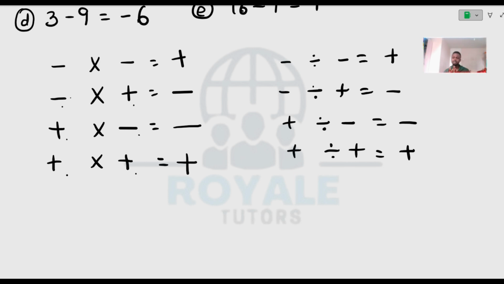If the signs are the same, then you have positive. If the signs are different, you have negative. So negative divided by negative gives you positive. Negative divided by positive gives you negative. Positive divided by negative gives you negative. Then positive divided by positive gives you positive. Let's go into the examples.